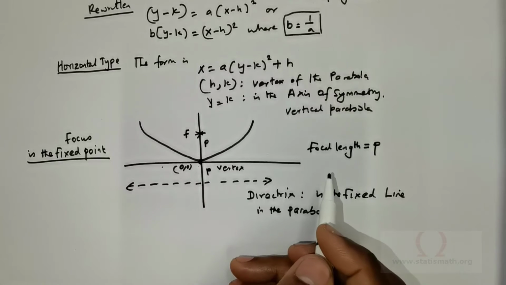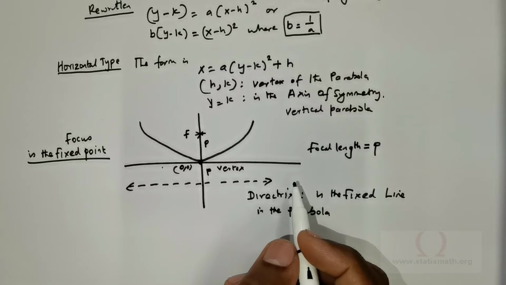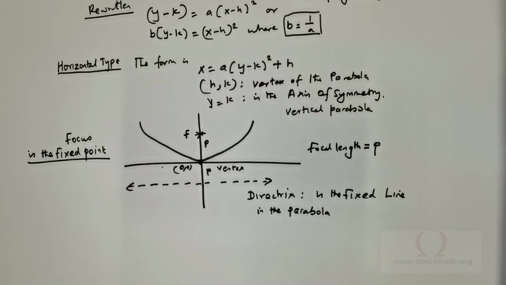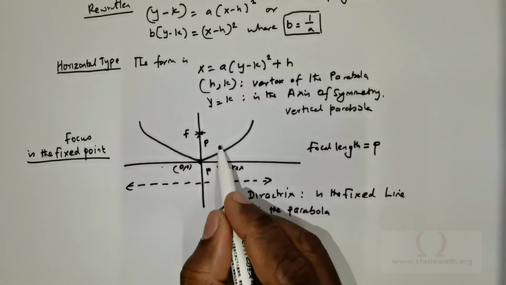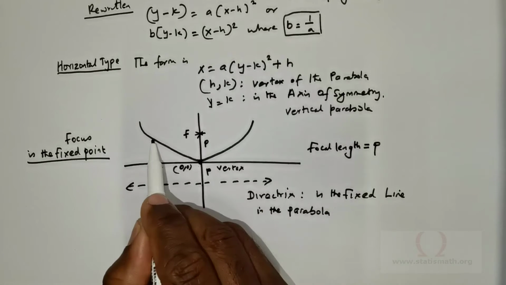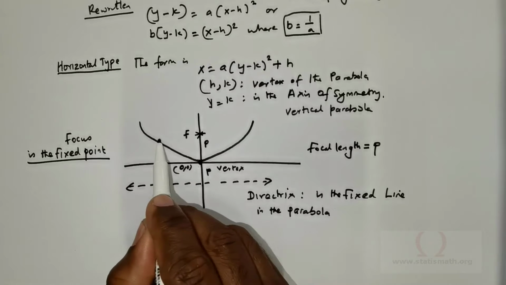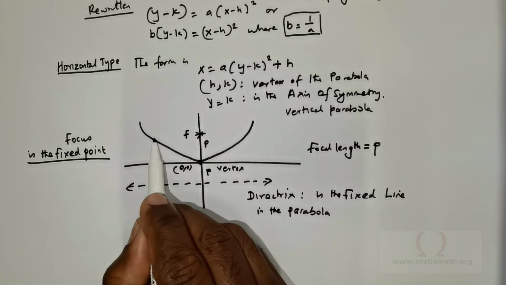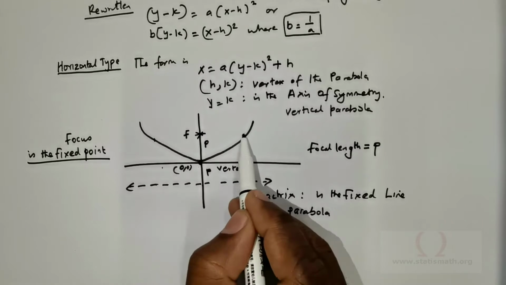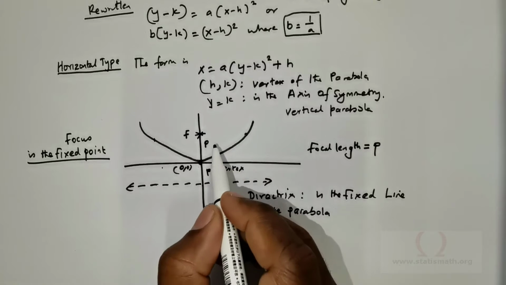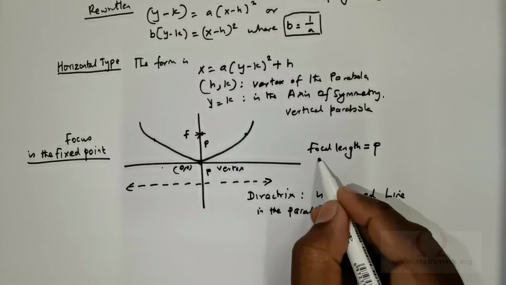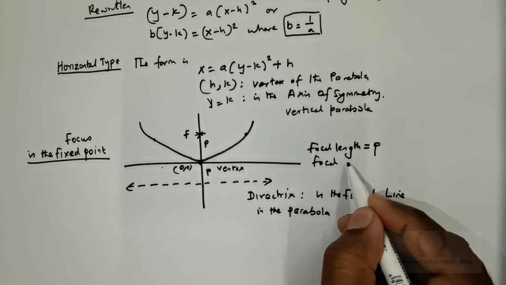Having obtained that information, there is one more thing that you will have to know, and that is the focal chord. Now, what is the focal chord? The focal chord is the total distance from a point on the parabola running through the focus and hitting the other point. So that is called the focal width.